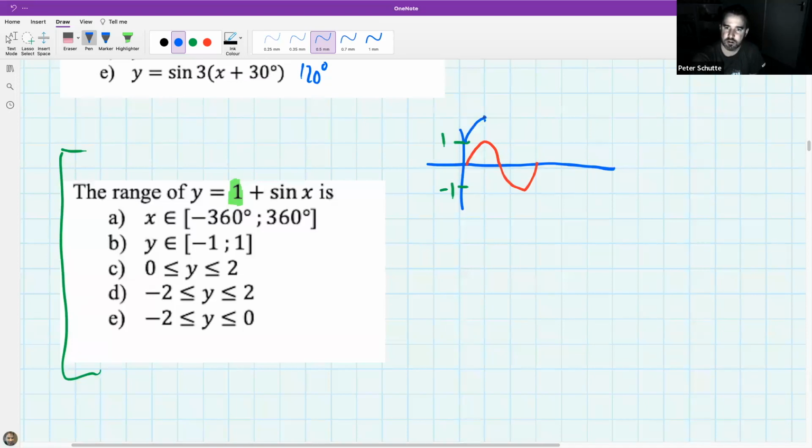Then you're going to go down by 1, down by 1, up by 1. And so the range in which you exist is going to be a bit different, because it looks to me like you get as high as 2 and as low as 0. Yeah. So now which of these 5 options describes this range over here between 0 and 2?